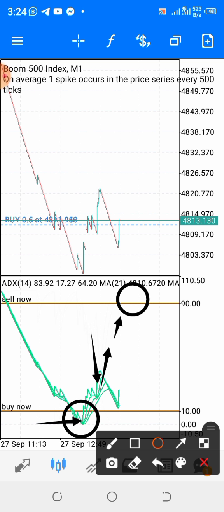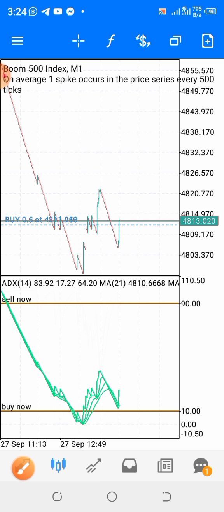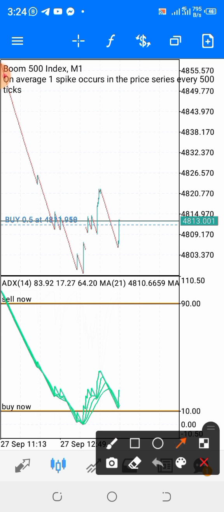I told you I will explain how to enter this trade and how to take profit, and that is exactly what I'm doing. If you have a very small account, you need to allow these green lines to touch level 10. Once they enter this level 10, you enter a buy.